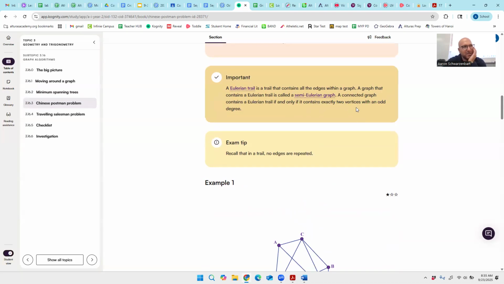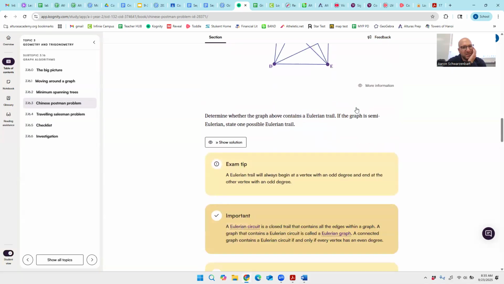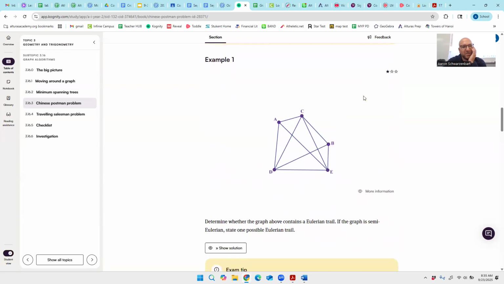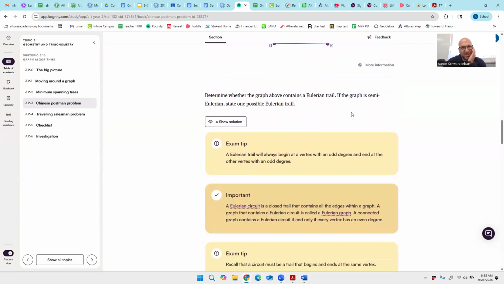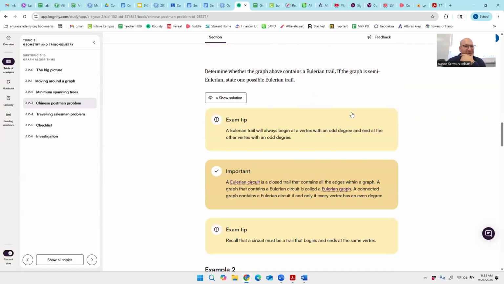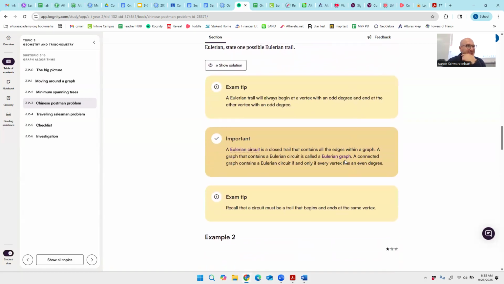So that would be an Eulerian circuit. So it feels like these are worded wrong. So it contains an Eulerian trail that is not an Eulerian circuit if it has two odd vertices, because an Eulerian circuit should be an Eulerian trail, correct? Because a circuit is a trail.